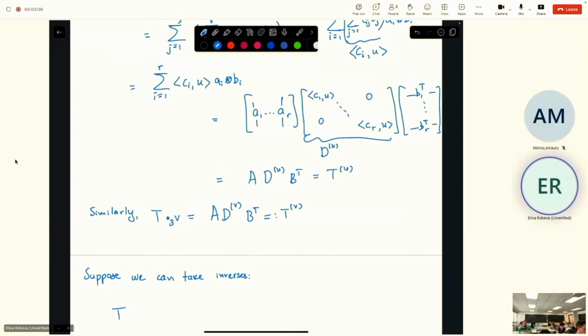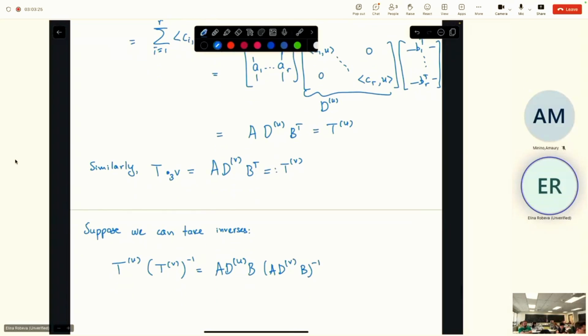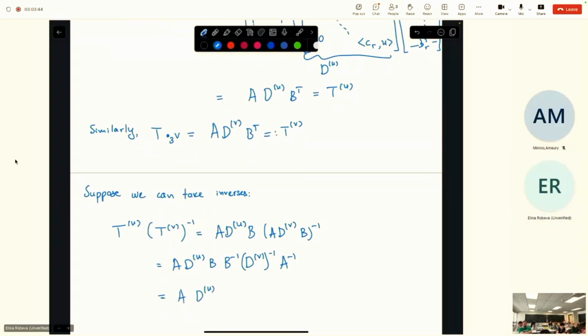So if I take T_u times T_v inverse, well, I have A D_u B transpose, and then A D_v B transpose inverse. I'm just going to pretend that I can take inverses, and afterwards we can switch to pseudo-inverses. So the B's are going to cancel, and I'm going to get A times D_u D_v inverse A inverse.